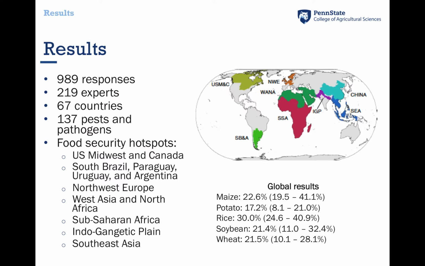We have a parallel system in South Brazil, Paraguay, Uruguay, and Argentina because again, that aligns to the same structure. Northwest Europe, West Asia, and North Africa set up here. Sub-Saharan Africa, and we have the Indo-Gangetic Plain coming through as a different system.